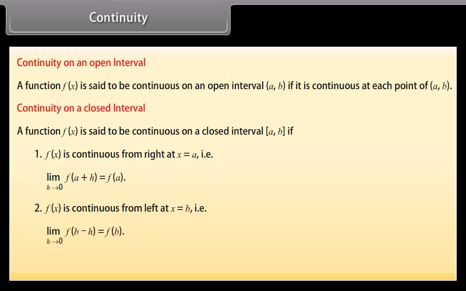That is, limit h approaches 0 of f(b minus h) = f(b). 3. f(x) is continuous at each point of the open interval (a, b).